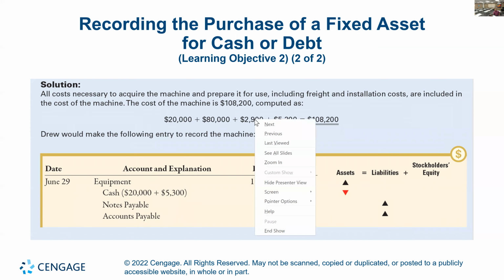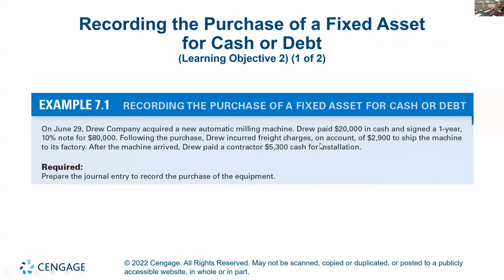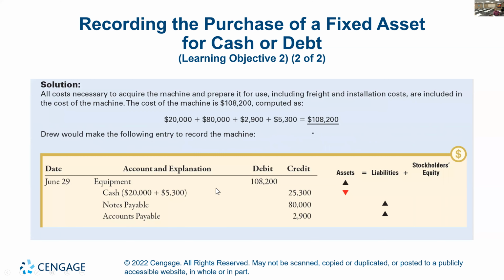The $2,900, I gotta remember what it was. $2,900 was to ship the machine and the $5,300 was for cash installation. Okay. So the shipping and the installation costs both become part of the initial cost of the equipment. So when you add them all together, that's how you get the $108,200. The $5,300 installation was paid in cash. So it was added to the cash credit entry because there was cash going out, even though it was going to 2 separate people.